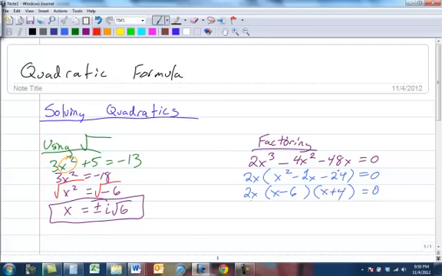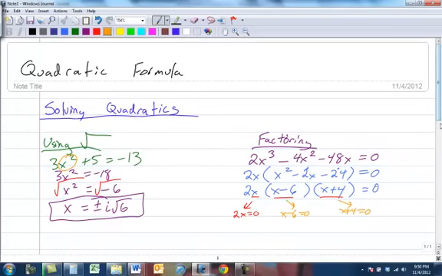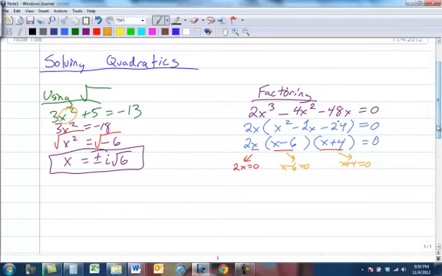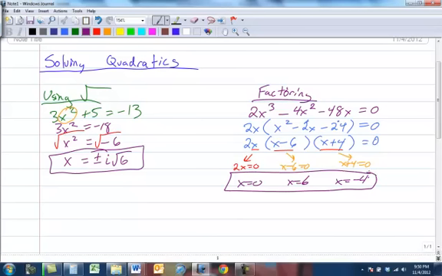Now, because there's 3 x's that are happening here, we expect to find 3 answers. So, set them all up as 2x is equal to 0, x minus 6 is equal to 0, and x plus 4 is equal to 0. So our final answer here would be x is equal to 0, x is equal to positive 6, and x is equal to negative 4. Those are our 3 solutions here.